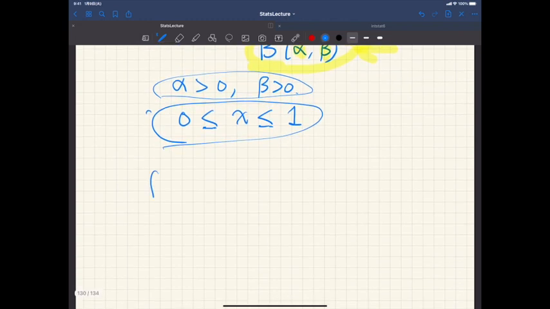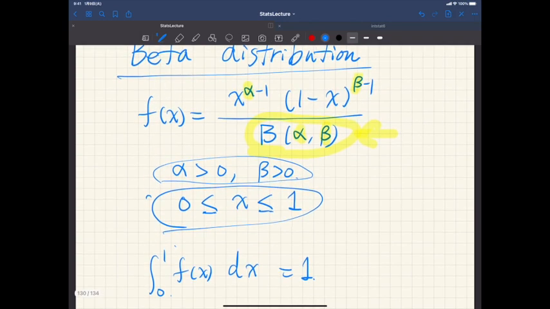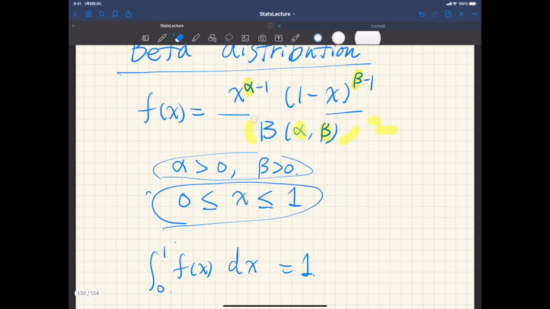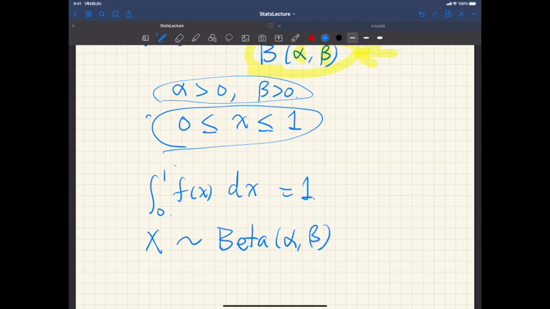And if we integrate this density function from 0 to 1, then that is equal to 1. So this is how we define this beta function. Then if x is a random variable that follows the beta distribution, we write x follows Beta(alpha, beta).